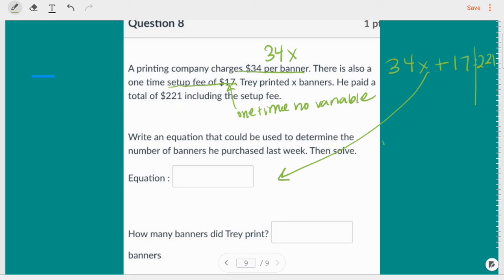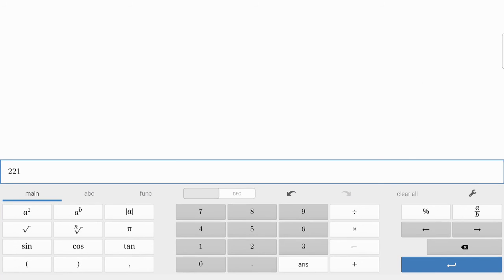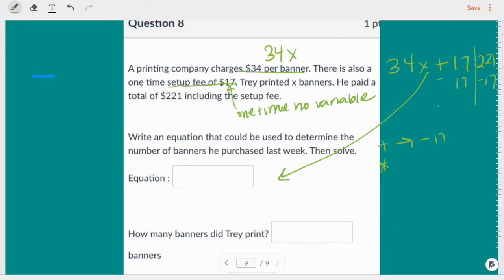Solving that equation, I've got addition and I've got multiplication. Because there's no parentheses, addition comes first, and I'm going to subtract 17 from both sides. 221 minus 17 is 204. 34x, that zeroes out. 204.